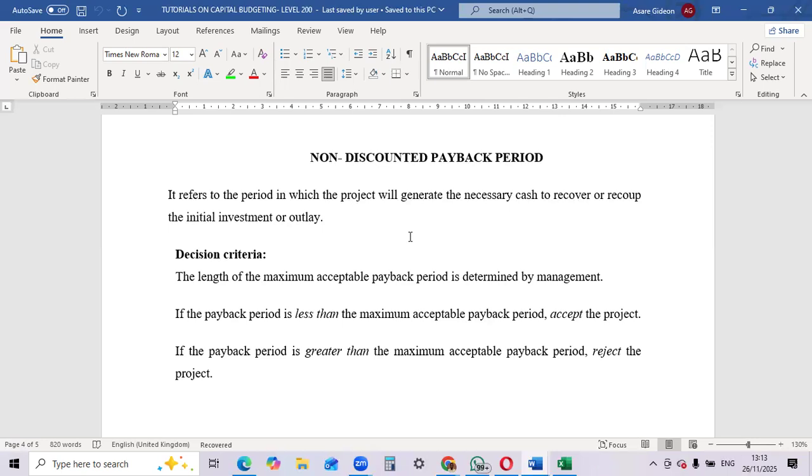It is beyond the boundaries of management, because the timeline they set for paying back that initial outlay is exceeded. And so for that matter, we cannot accept the project. So that is what it means.